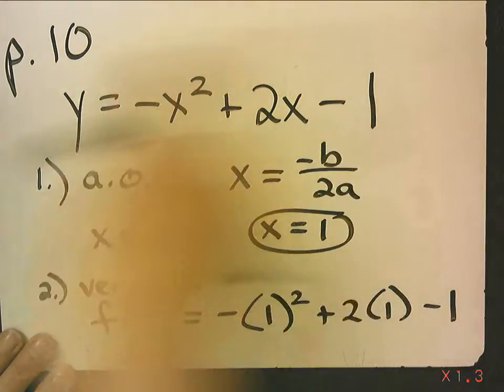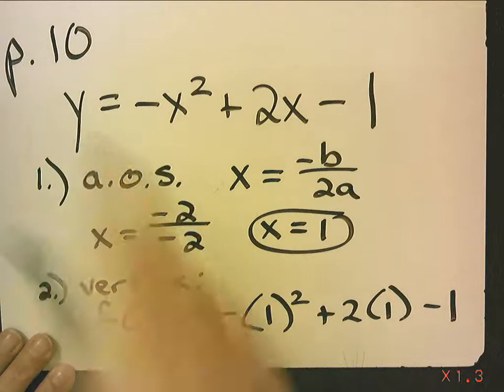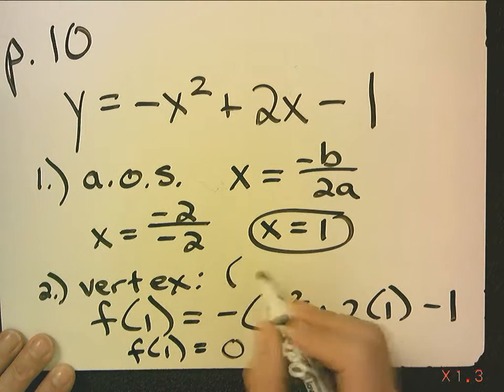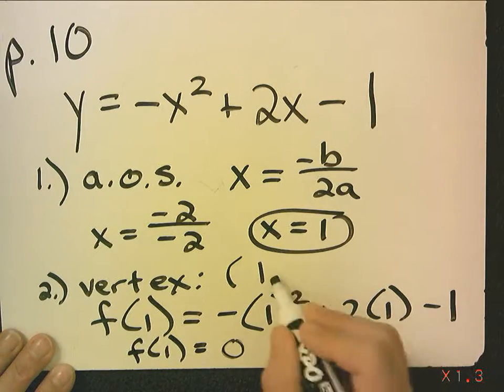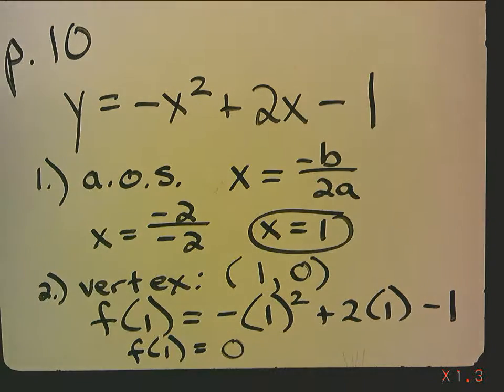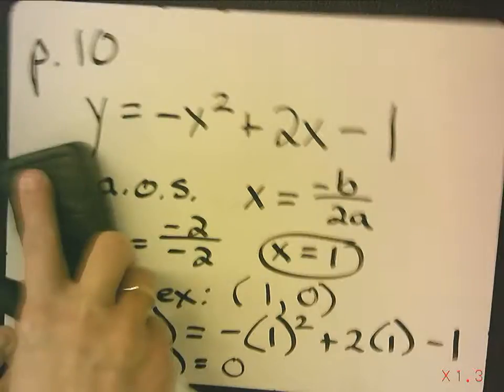So when x equals 1, what is the y value? f of 1 equals negative 1 plus 2 minus 1, so it equals 0. So now our vertex is 1, 0. So this is where we start. We start with an axis of symmetry and a vertex.